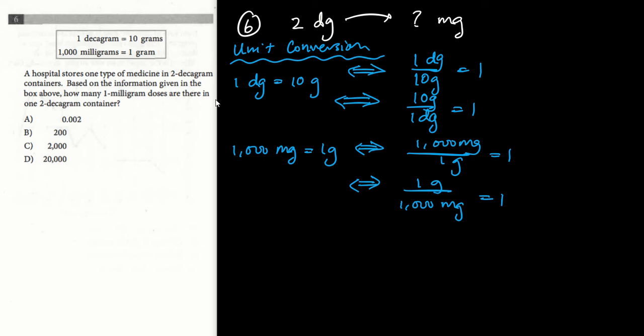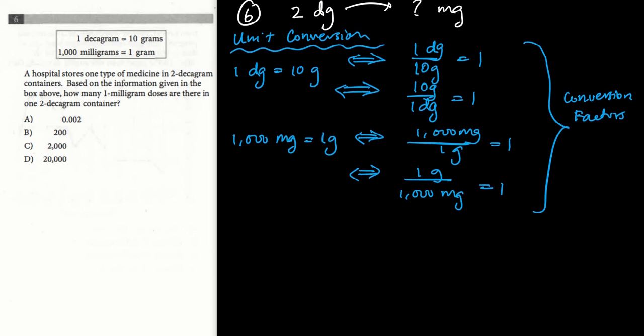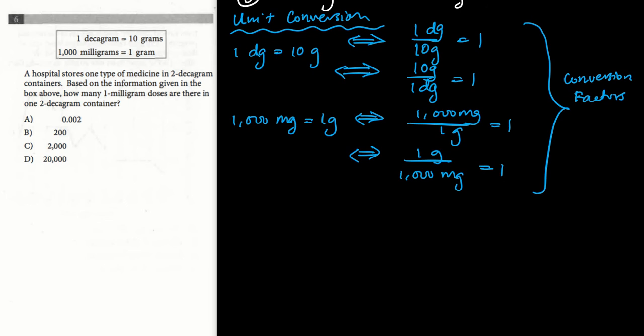Okay, and what we'll call each of these fractions, we'll call them conversion factors. Okay, so it might seem a bit strange that we're doing this at first, but bear with me. This will become clearer as we work through the problem.